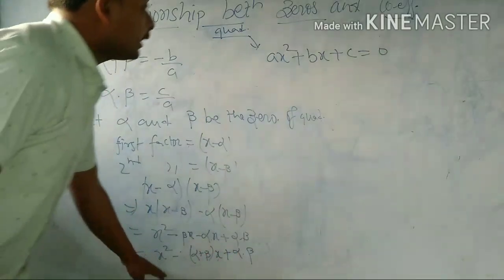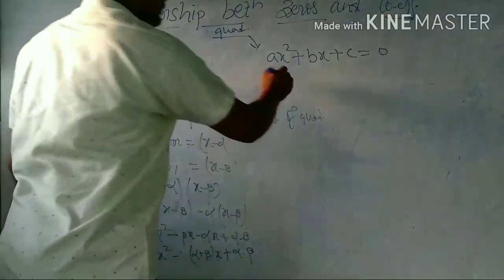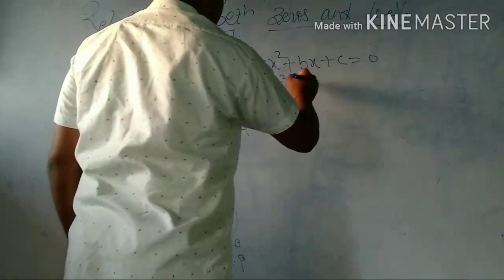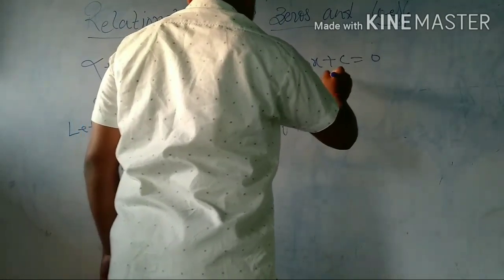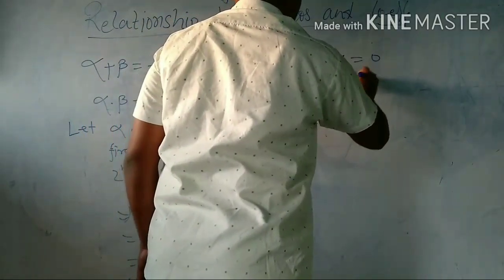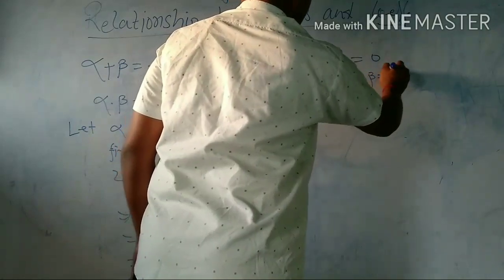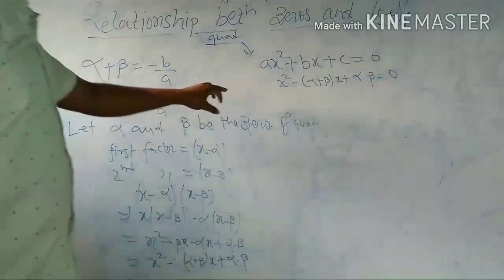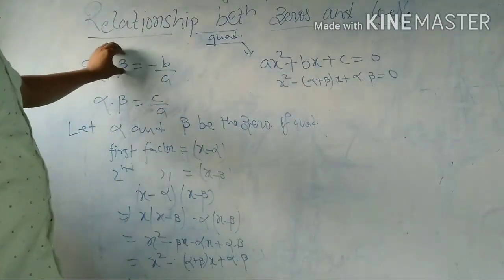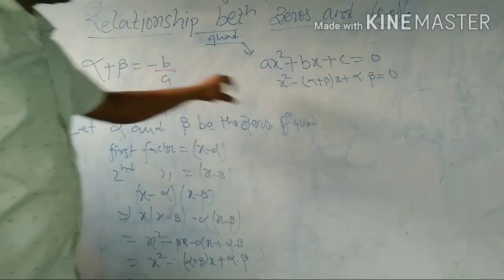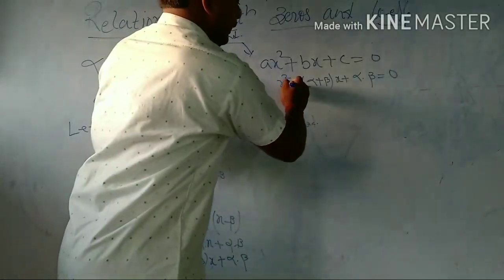Now if we compare this part, x square minus alpha plus beta x plus alpha into beta, from where now we can conclude that alpha plus beta is equal to minus b, because here it is minus.